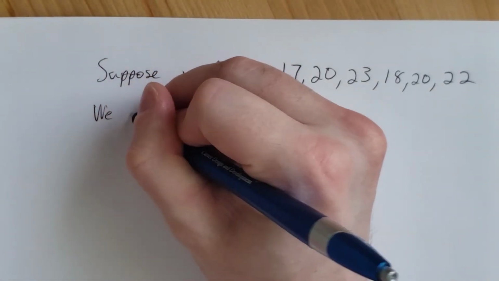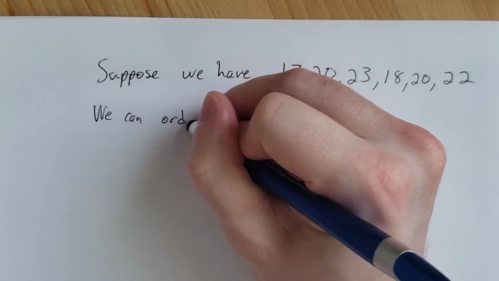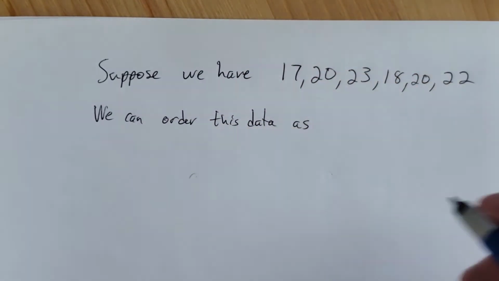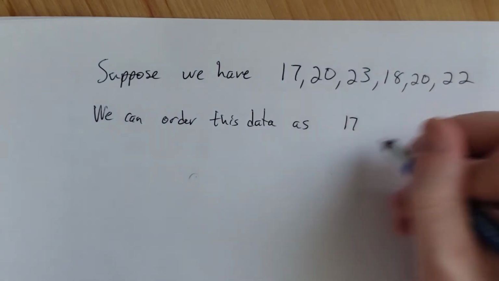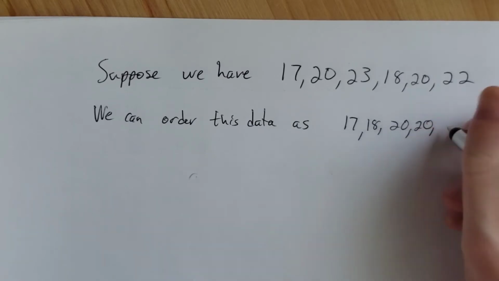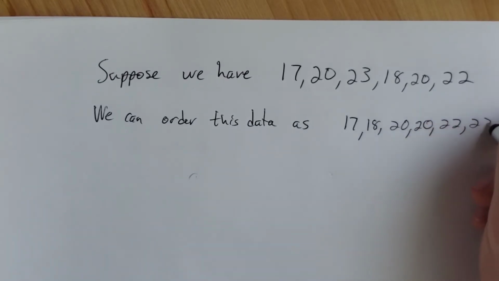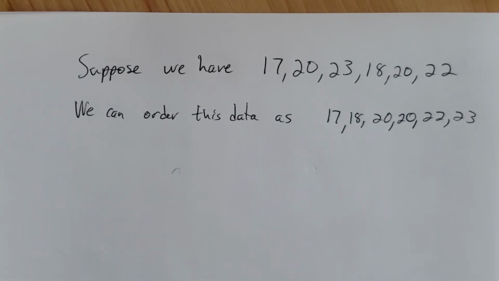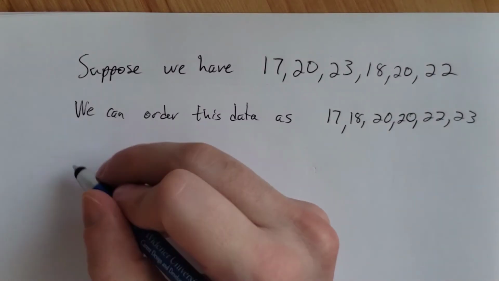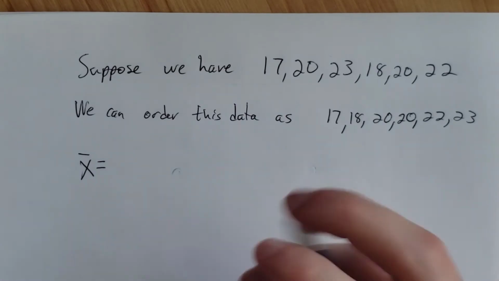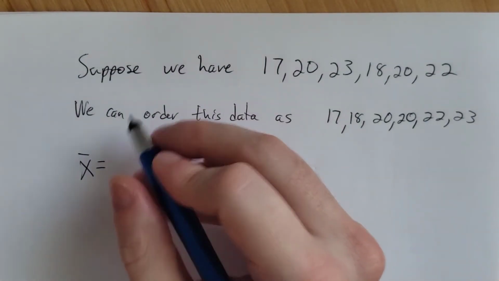So we can order this data as 17, 18, 20, 20, 22, 23. That's not really necessary to calculate the mean, but it's usually a good thing to do with your data anyways. So let's see an example here. We're going to calculate our mean.